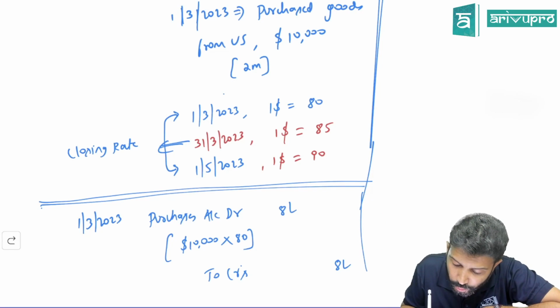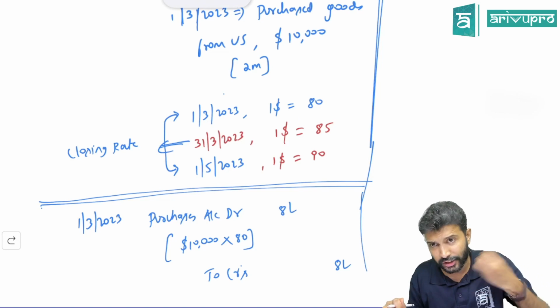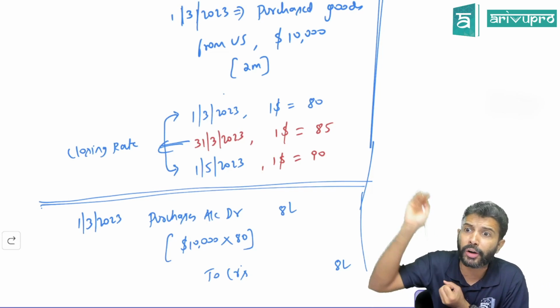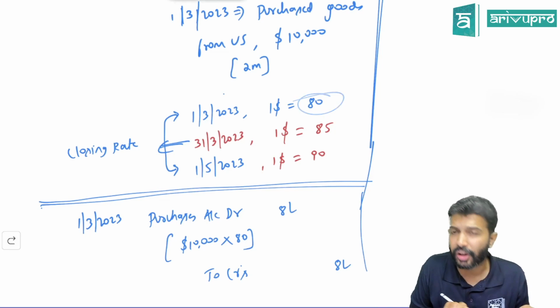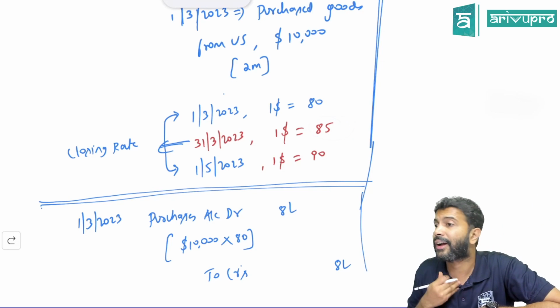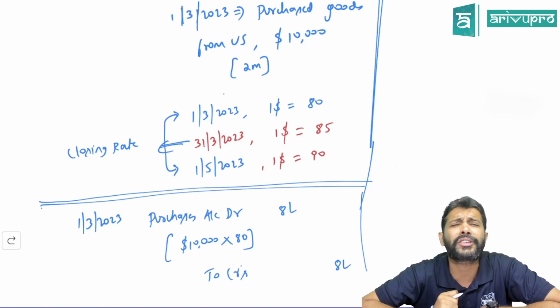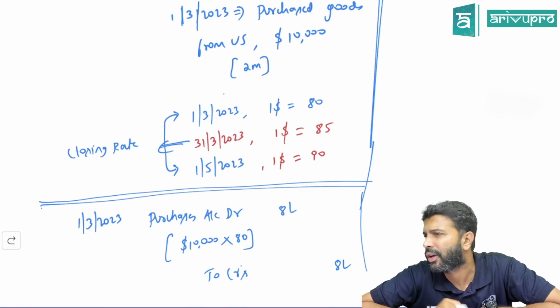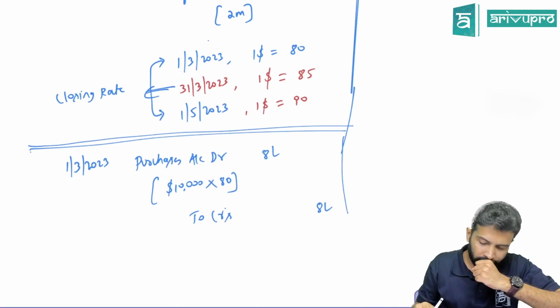Now to get $1, how much do I need to give to the bank? 85 rupees. That means to get the same amount of dollar, I need to give more Indian rupees. So it's a profit scenario for me or a loss scenario? Loss scenario. Correct, sir?